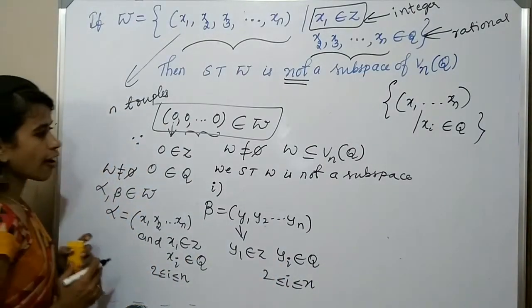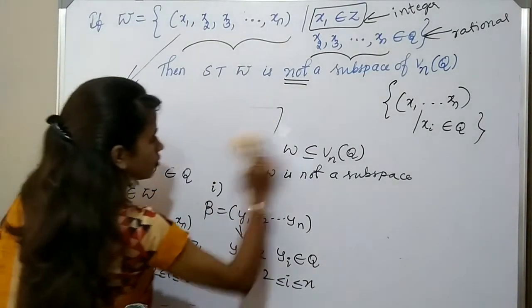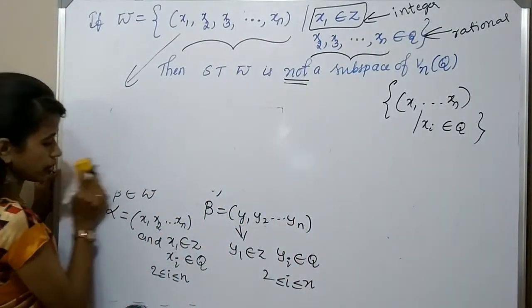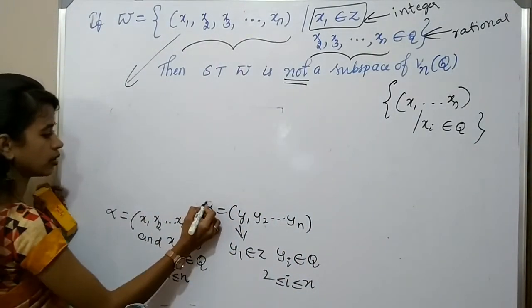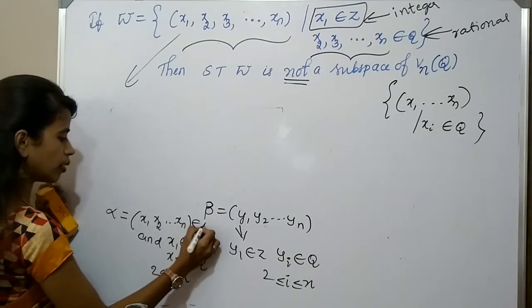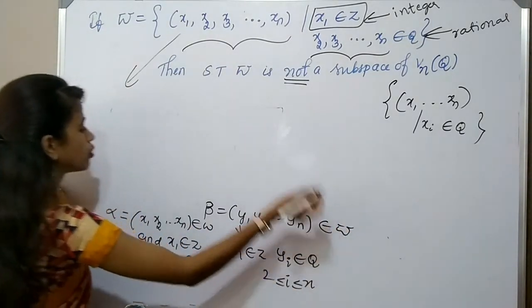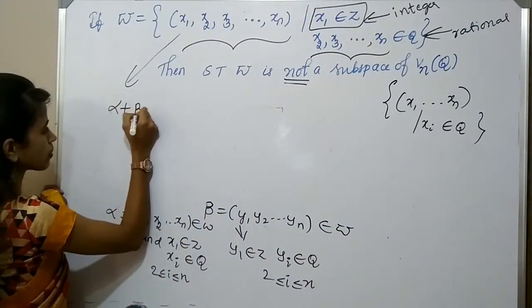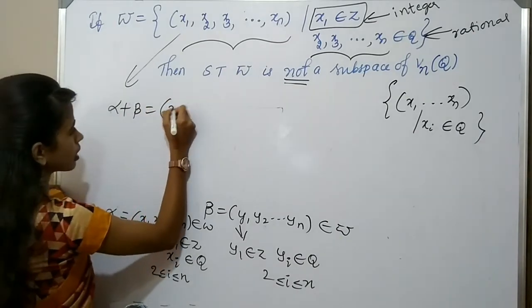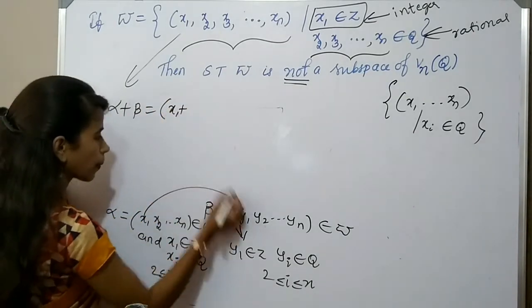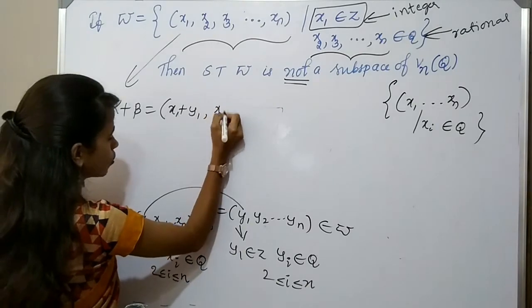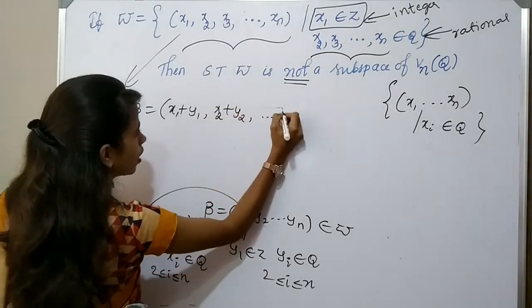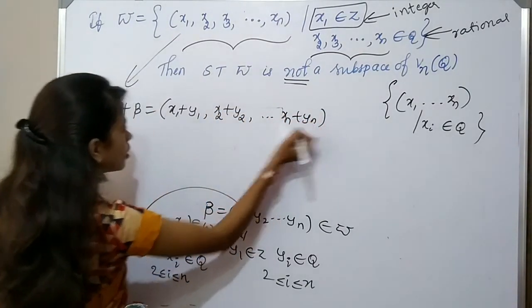So now consider alpha plus beta. Clearly alpha and beta belong to W, since I am choosing two elements of W. What about alpha plus beta? Alpha plus beta becomes x1 plus y1, x2 plus y2, so on, xn plus yn.